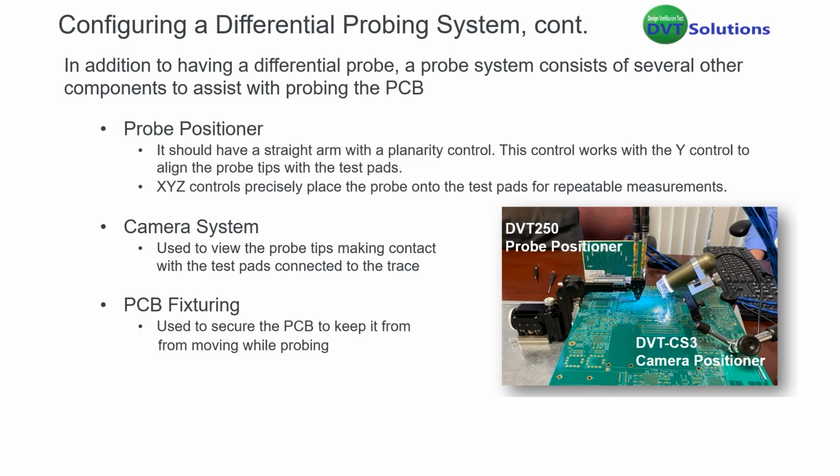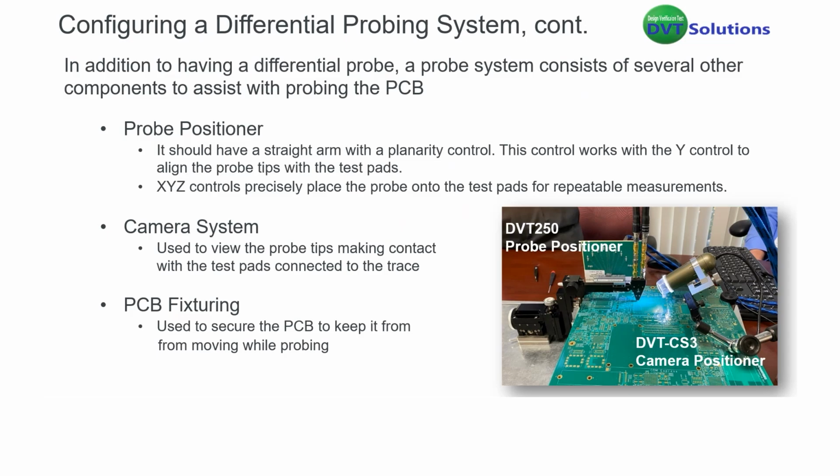They're basically components that consist of a probe positioner that you attach to the probe. What that does is hold it in place planar to the surface of the board, which allows us to go down onto the test pads with maybe some minor planar adjustment controls, allowing the probe tips and the test pads to make contact so that you get good data coming from it.